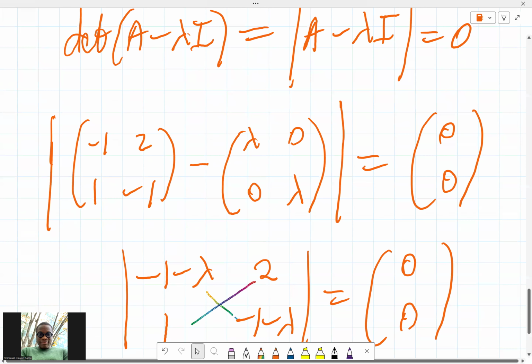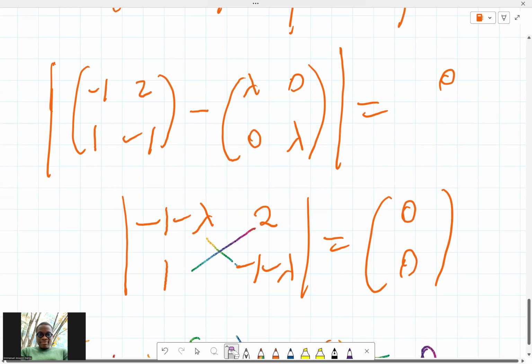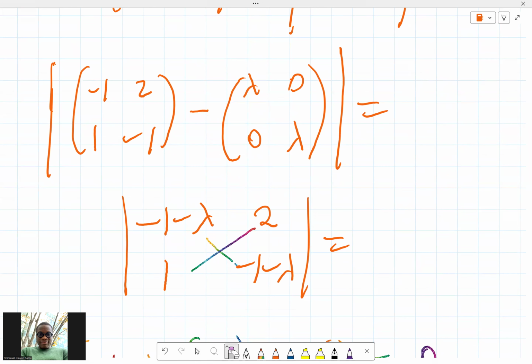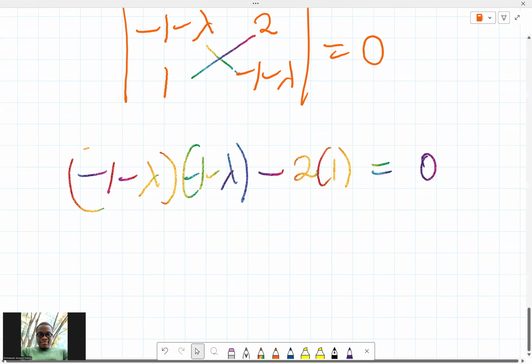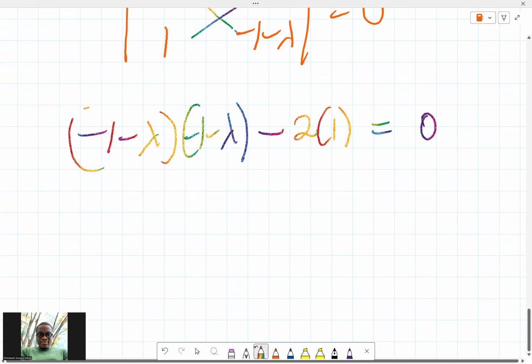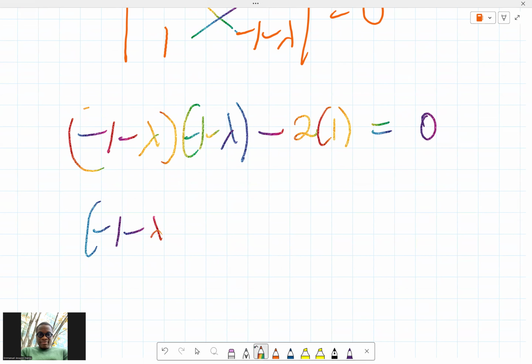This is just 0. So now we can deal with this. This is (-1 minus lambda) squared minus 2 equals 0.